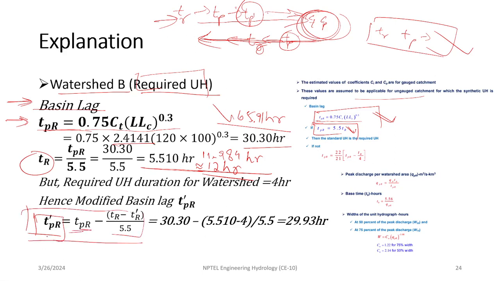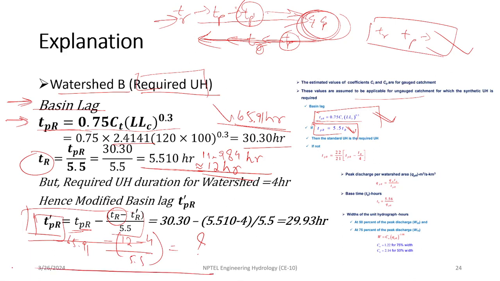TPR value we already got is 65.91, and then you put in TR as 12, then TR dash as 4, divided by 5.5. Then tell me what value you are getting.